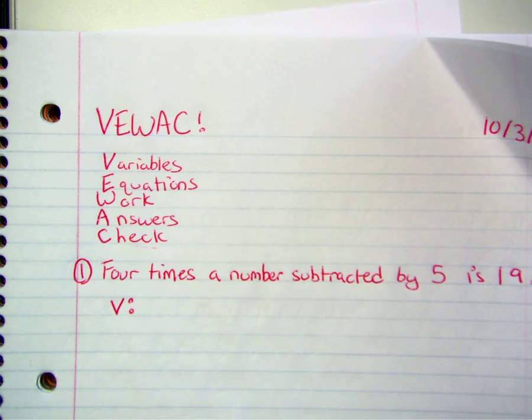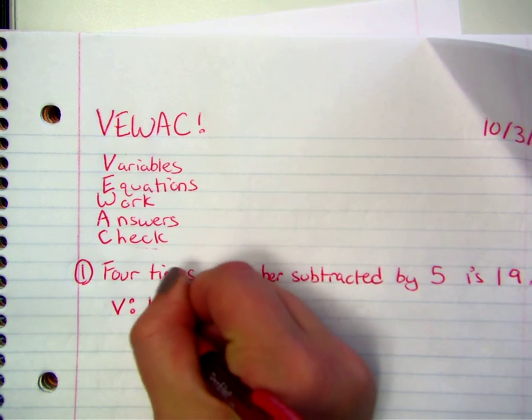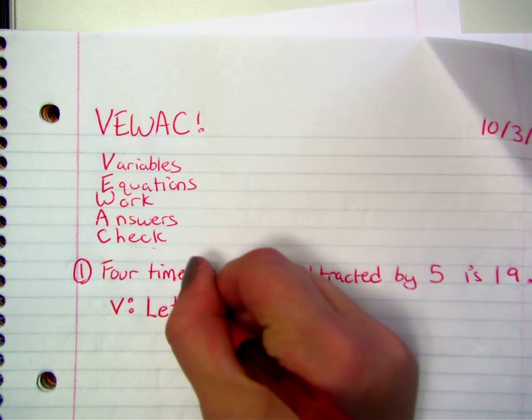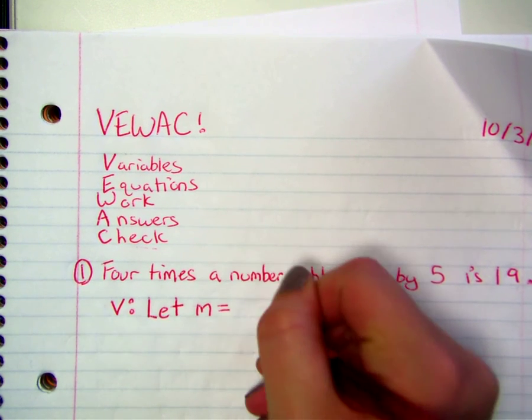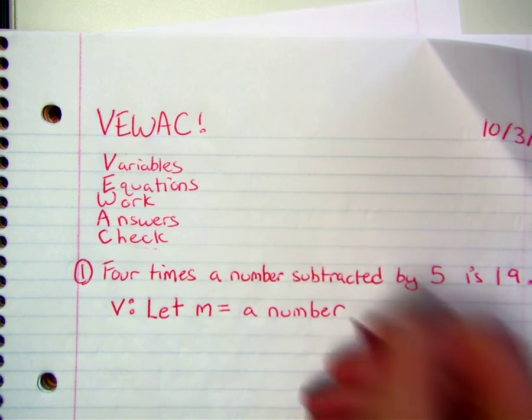What they're asking you here is they want to know what that number is. So let's set that as our let statement. They want to know what the number is. So that's what we're going to define here. So we're going to say let, and you can pick any letter you want. I'll choose M. M equals a number. We're looking for a number, so that's what we're going to let M be.